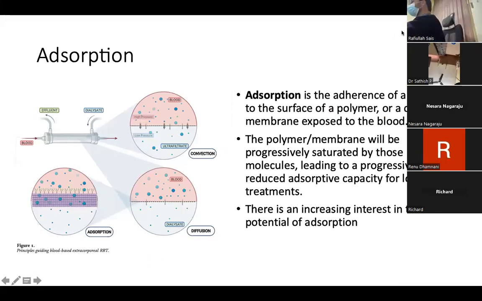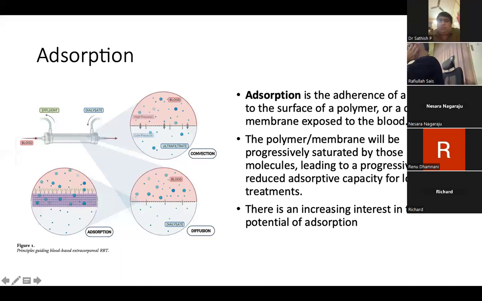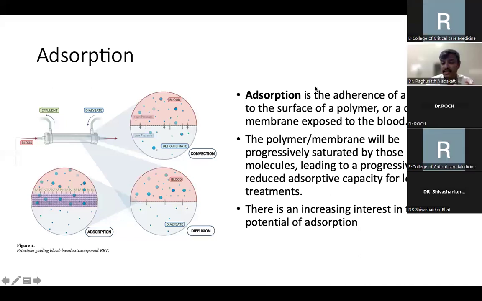Another technique, not so commonly used but interesting and nowadays used in sepsis, is a newer technology like adsorption. Even though the principle is old, technologies are adopting adsorption more and more. Adsorption is the adherence of the molecule to the surface of the polymer, a charged membrane exposed to blood.